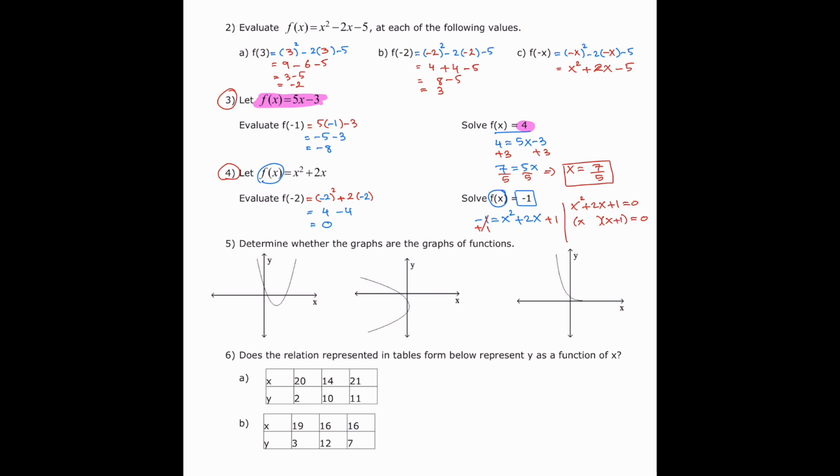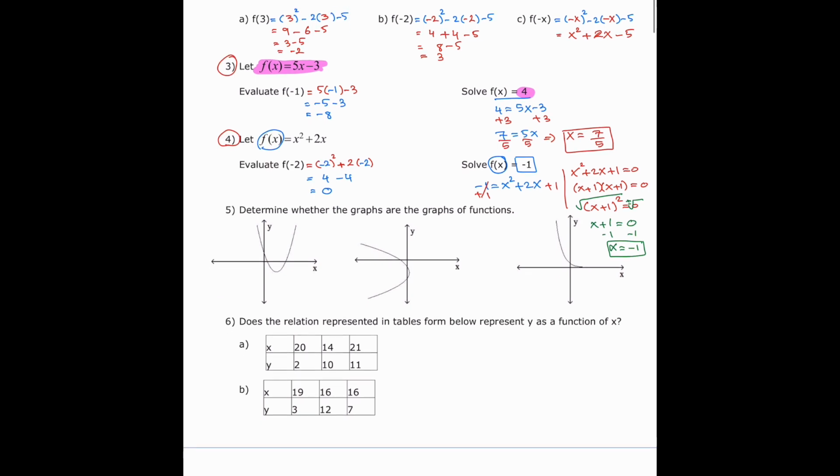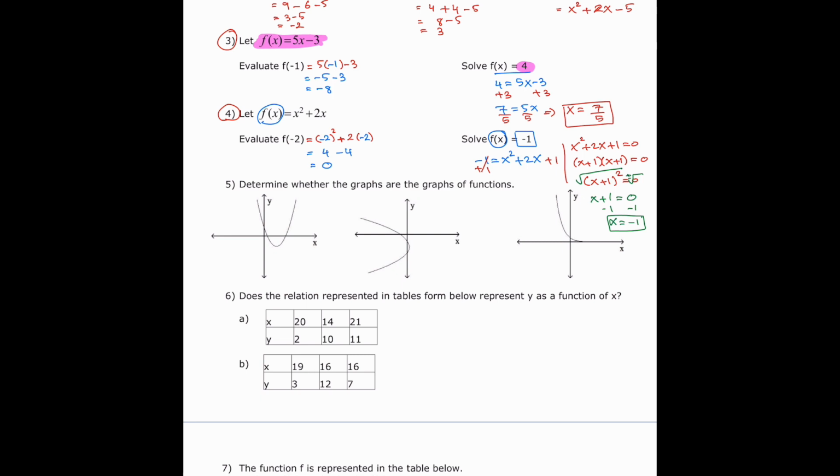That is 1 and 1. So now I can say this is the same as x plus 1 all squared equals 0. If you take the square root for both sides of the equation, you're going to get x plus 1 equals 0, which now we can solve by subtracting 1 from both sides of the equation, and we get x is equal to -1. So that is question number 4.